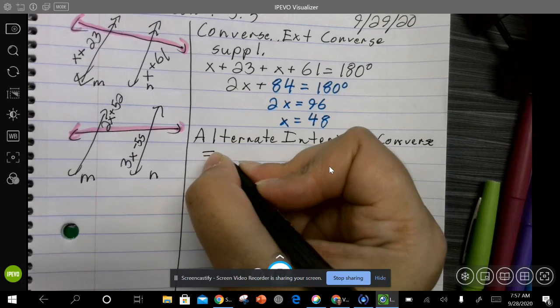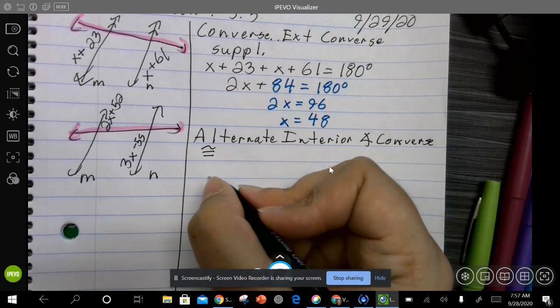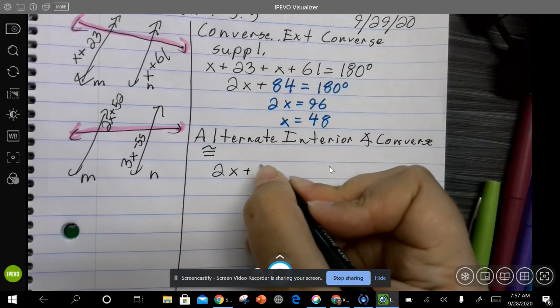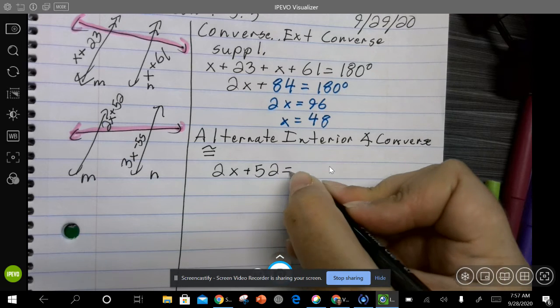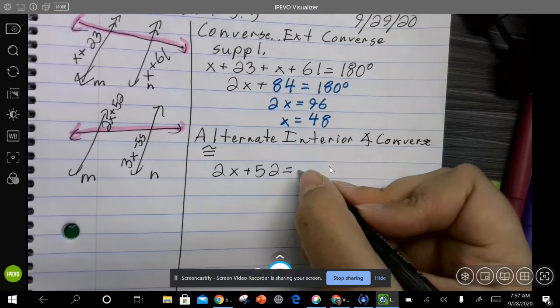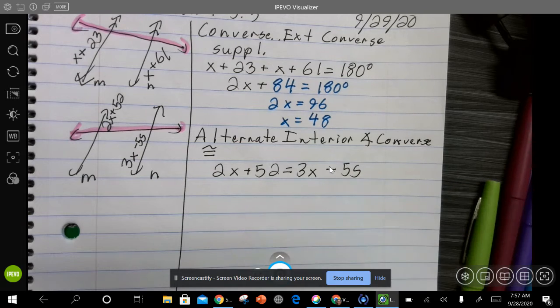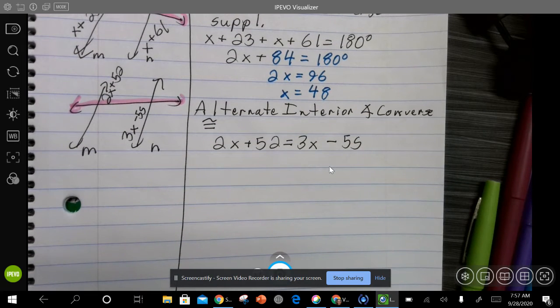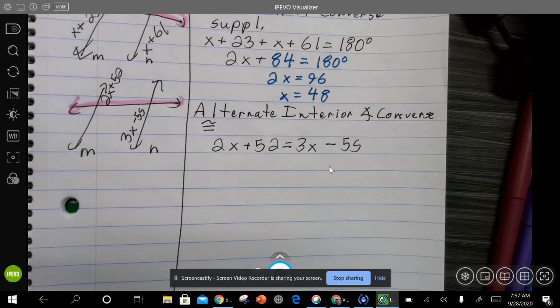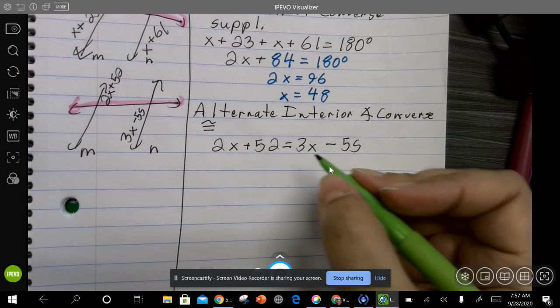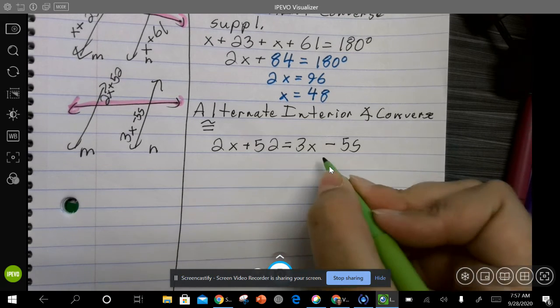And they are congruent. So we're going to set those two equal to each other. So we need to solve for x. So what value of x proves that those lines are parallel? So we set those two equal to each other, subtract 2x from each side.